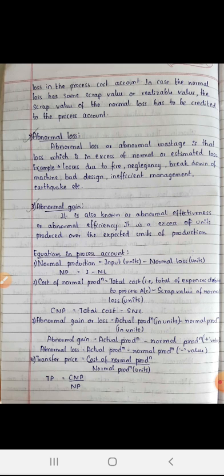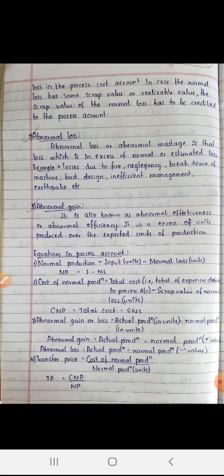Input in units minus normal loss in units gives the normal production. Cost of normal production is total cost in rupees minus scrap value of the normal loss.